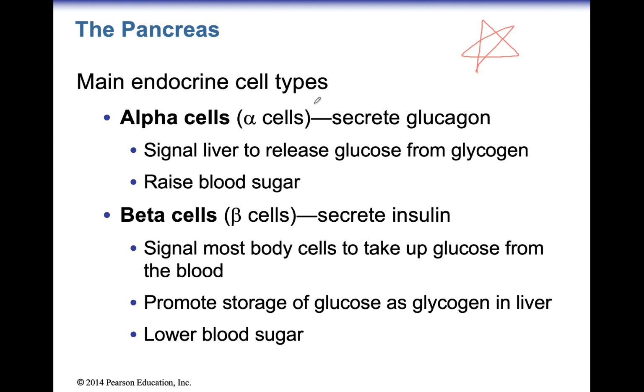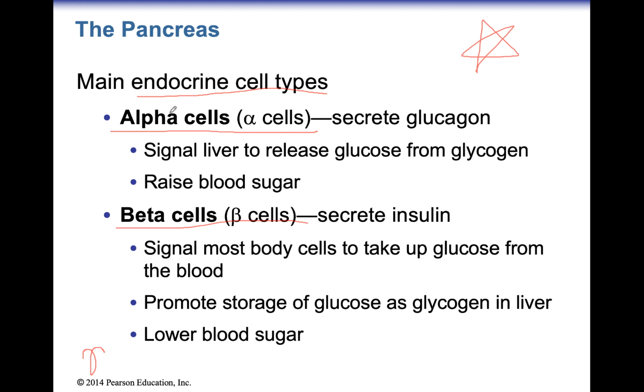Lots of details here. The pancreatic endocrine cells, those Langerhans cells you could call them, they're made up of alpha cells, beta cells, and there's a third cell called a gamma cell that we're not going to get into, but it does exist. I need you to know the name of the cell, what it produces, and its function.